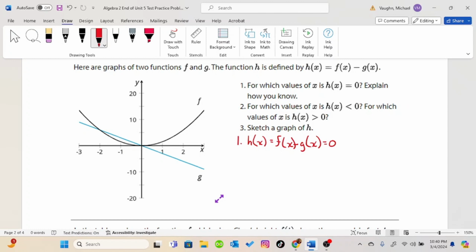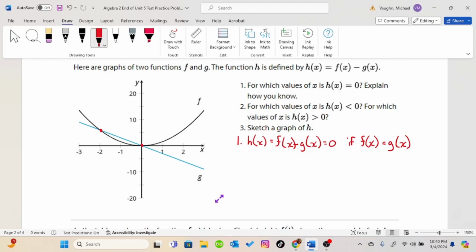The only way that happens is if f of x equals g of x. To subtract one number from another and get 0, the two numbers must be the same. So that's going to happen where the lines cross each other.